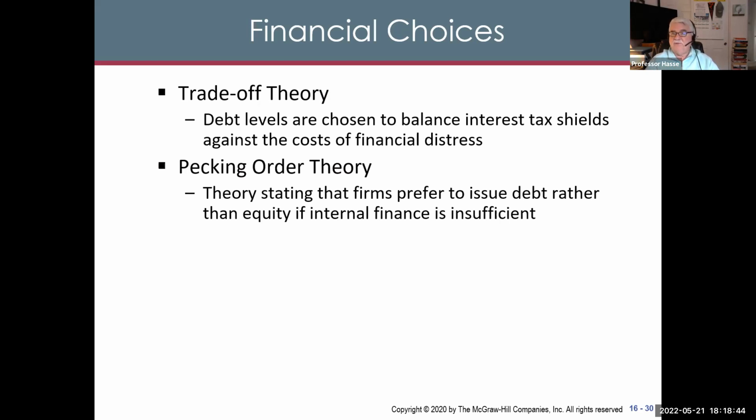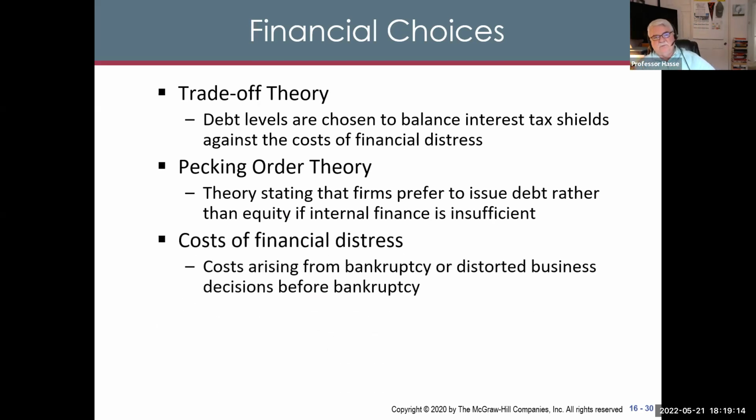We have to go outside the business. Remember, debt is outside the company. You go to a bank, you issue a bond. So you go outside the company to borrow the money at a higher interest rate because you have no other ways of generating that capital internally. There's no profits to take, and there's no way of financing large purchases of assets through accounts payable. So it's called the pecking order theory.